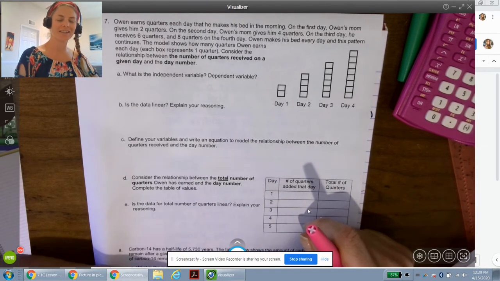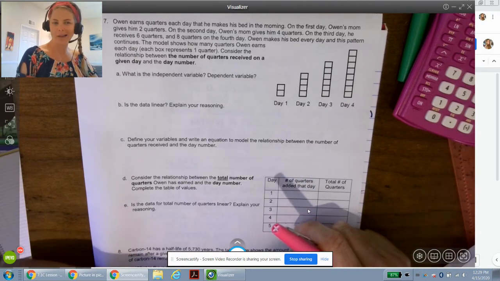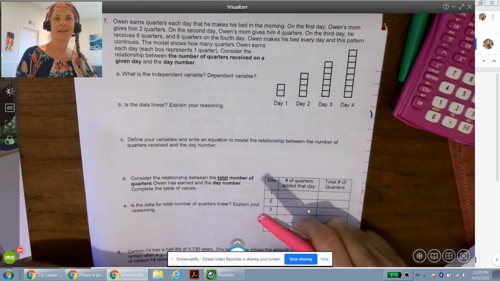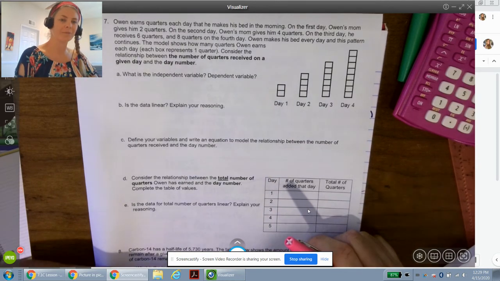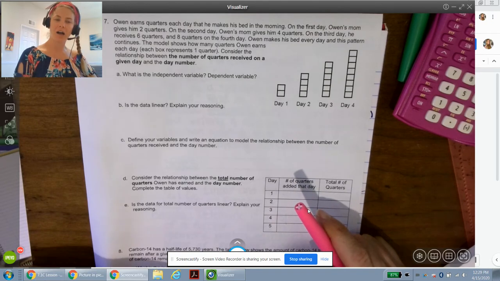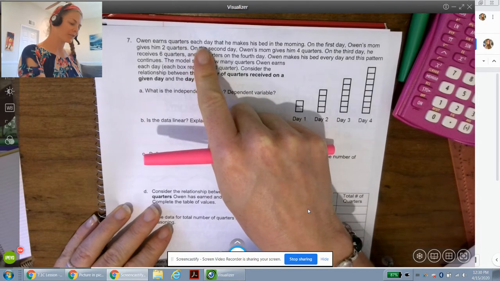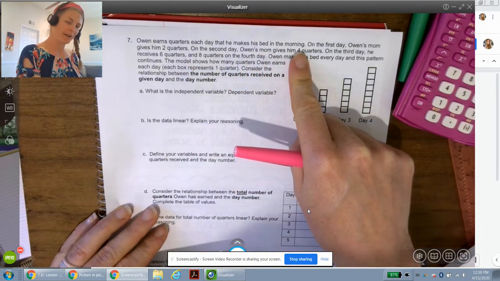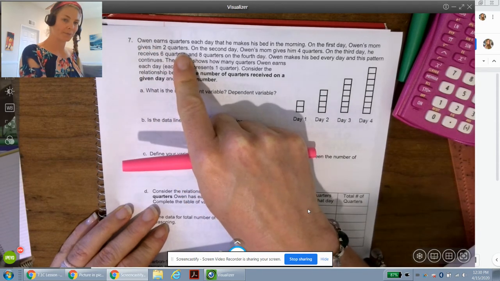So he kind of struck us this deal because we all know it's pretty easy to make your bed 1 day, 2 days, but it's a lot harder to make it like 3 days in a row or 4 days in a row. So let's see how Owen struck this deal with us. Owen earns quarters each day that he makes his bed in the morning. On the first day, Owen's mom gives him 2 quarters.